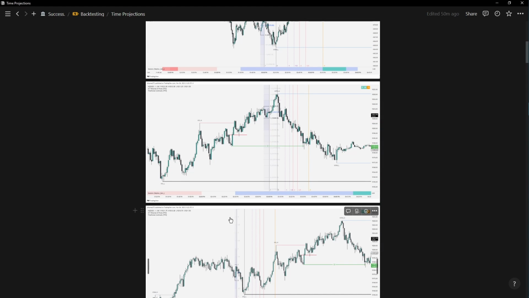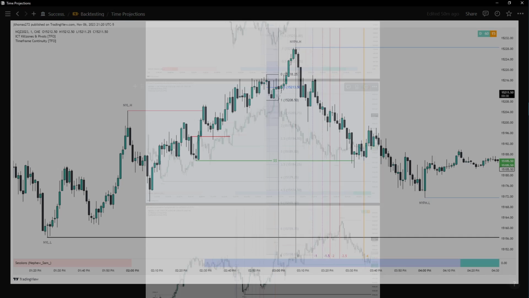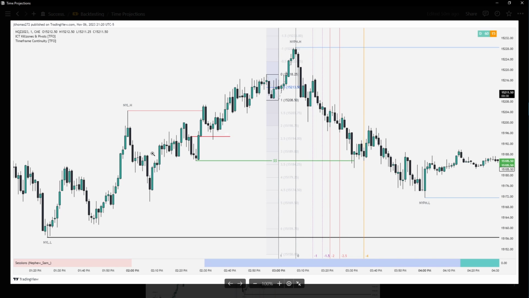Obviously, I'm not going to build a model just around this. Tape reading price is more important than applying this, but it's just another tool in the arsenal you can use as strength for an entry. Like if you're already favoring a market maker model forming, you have a breaker that's clear, and you just want another precise time you think you should enter, then that's where you apply it.